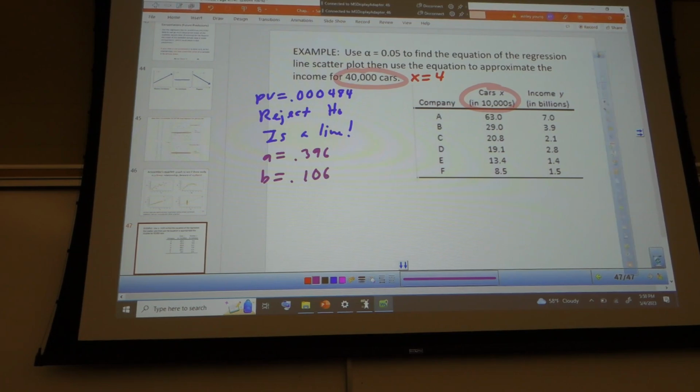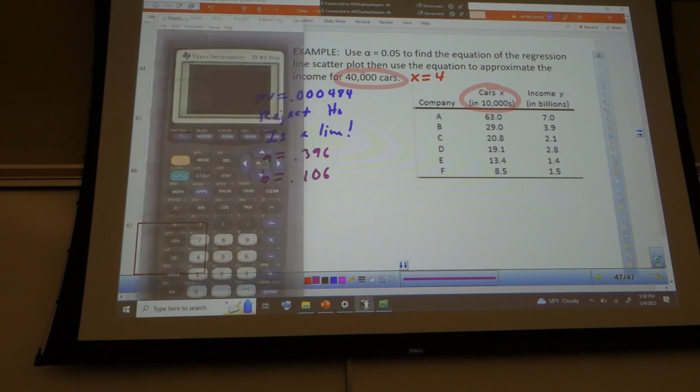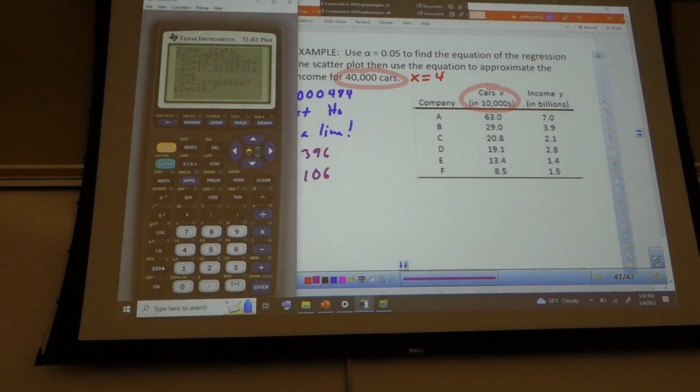And again, don't forget, my formula, if you remember what it is, it's at the very top when you do Stat test, Lin-Reg t-test. Here, I'll show you. The very first thing it gives you is y equals a plus bx, right there.